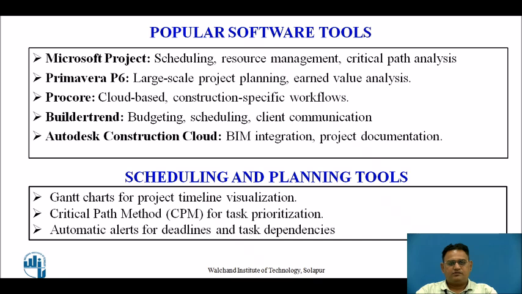Next one is the Primavera, which is a software used for the large scale projects, and it also helps us to have the scheduling, resource allocation, as well as the declaration of the critical activities as well as paths, and mostly helpful to have the earned value analysis.